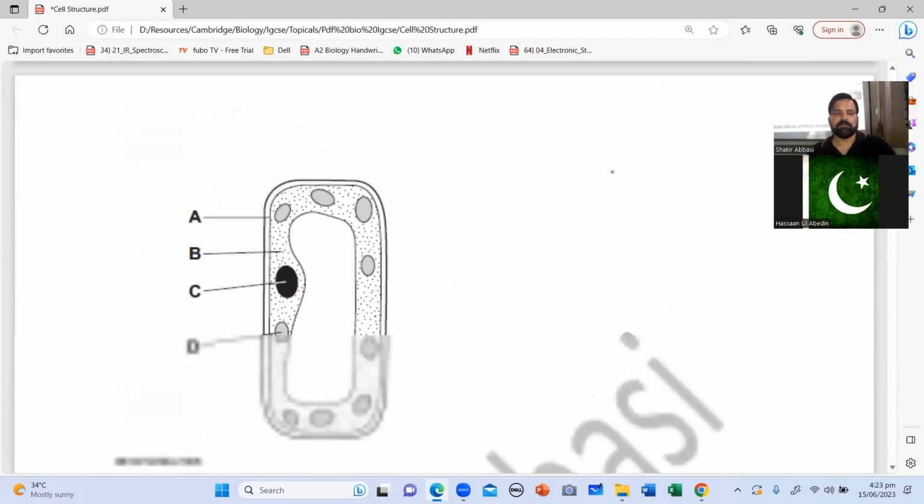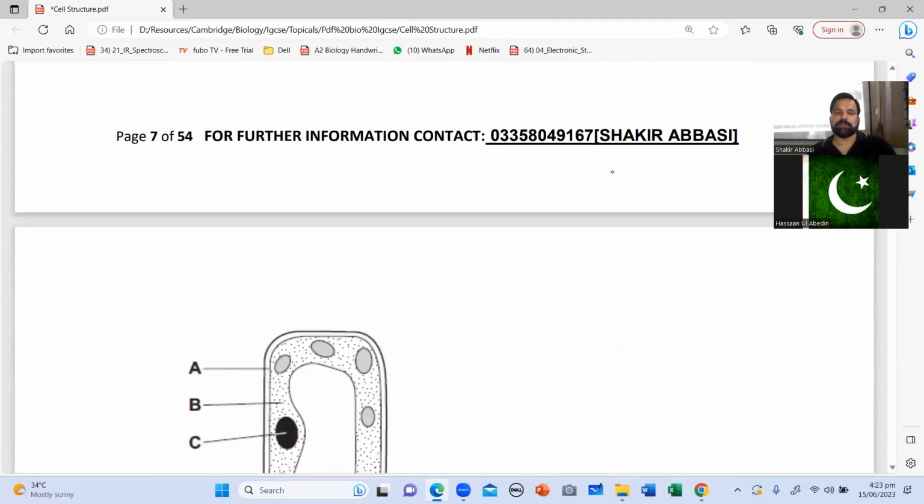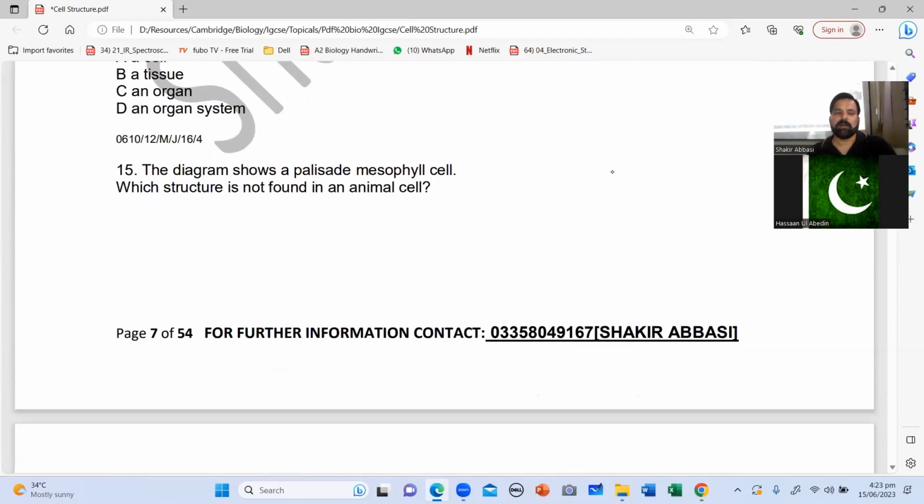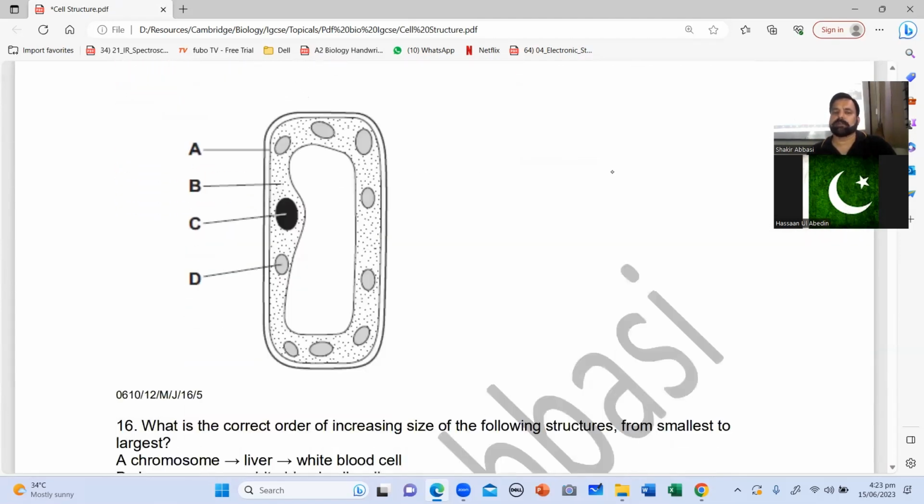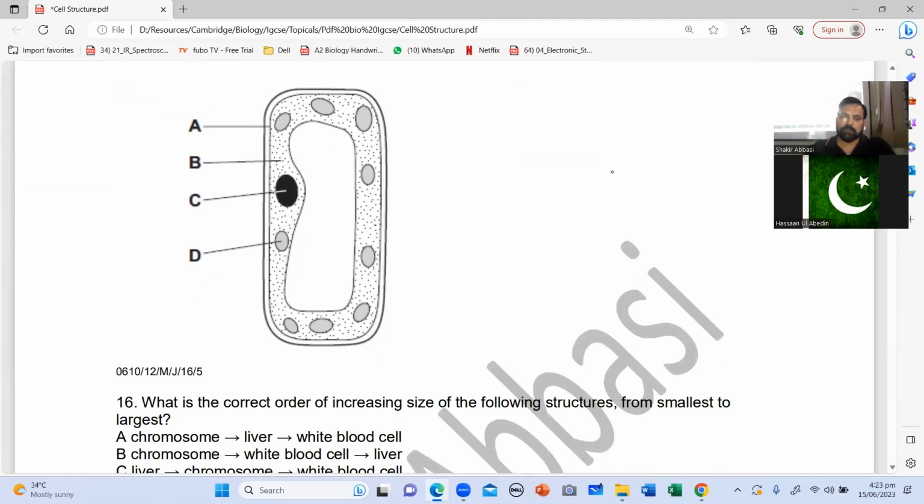Can you help me label this? It's a palisade cell. Which structure is not found in an animal cell? This is the question. Rija, first, which is not found in an animal cell? Let's label all these. What's A? Cell membrane.